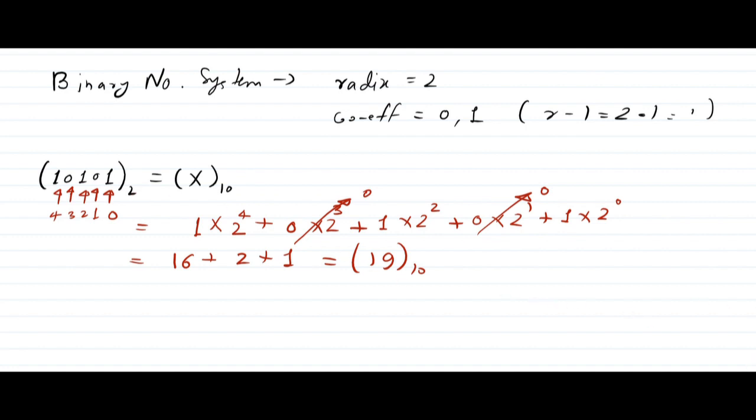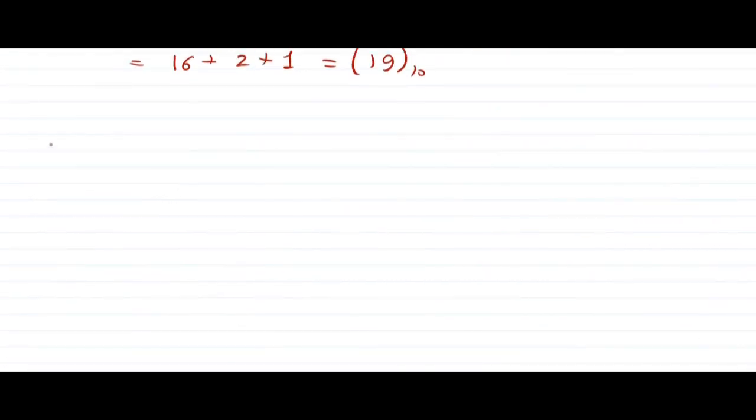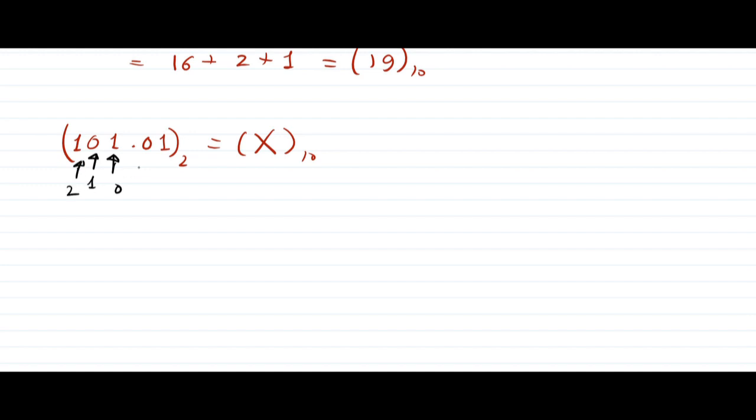Now let me give one more example with a decimal point, and I will use a binary number only. Suppose the number is 101.01 to the base 2. I want its decimal equivalent. Again, same rule, use the place values. This one is 0, this one is 1, its place value is 2, this has place value minus 1, and this has place value minus 2.